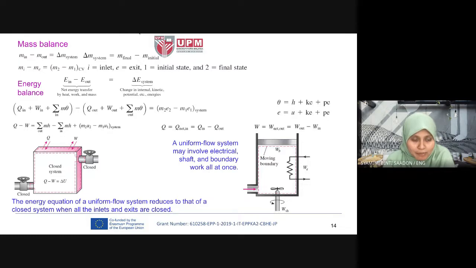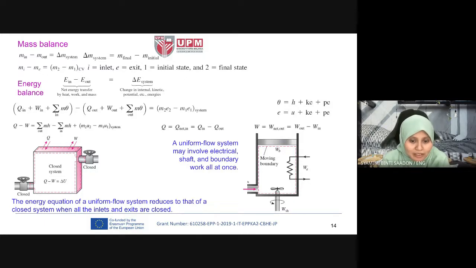The same for the energy balance: E in minus E out equals the change in energy, internal, kinetic and potential energy, of the system. The change is no longer zero, but we can still use this energy balance equation, where inlet minus outlet equals the change of energy of the whole system. This is what our energy balance will look like, and we can use it for unsteady flow processes.